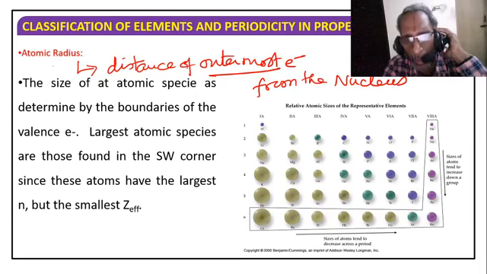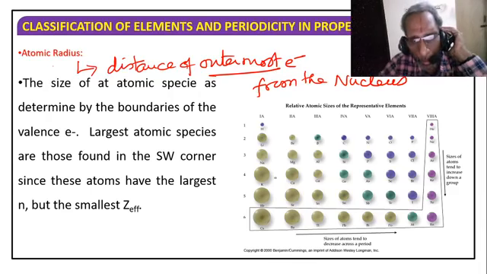Hydrogen has only 1 electron, but rubidium, in the fifth period, has so many electrons. So rubidium's radius is large because its outermost electron is farthest from the center. The outermost electron is closest in the case of hydrogen. So the distance of the outermost electron from the nucleus is called radius.